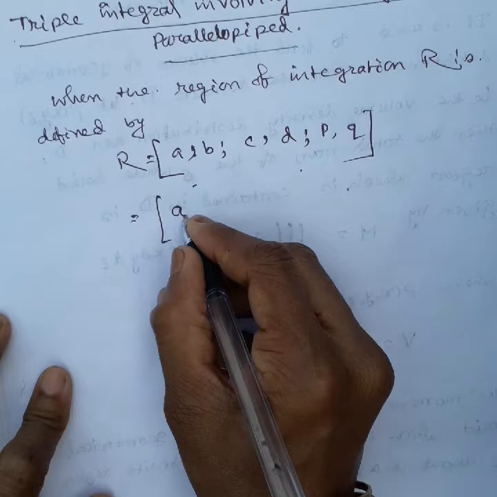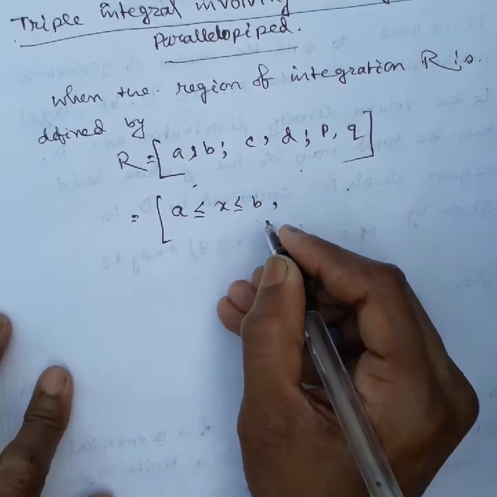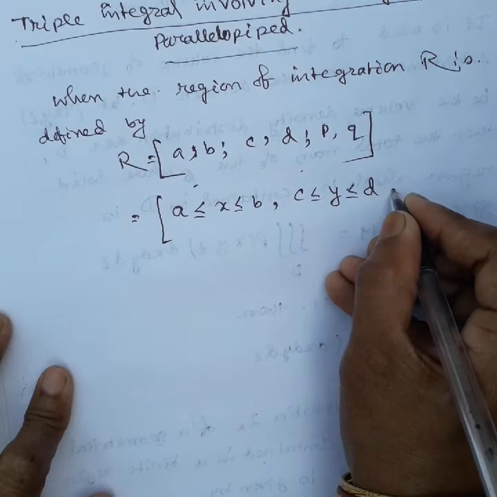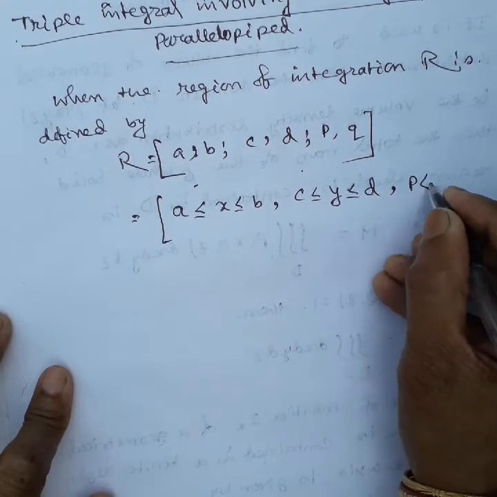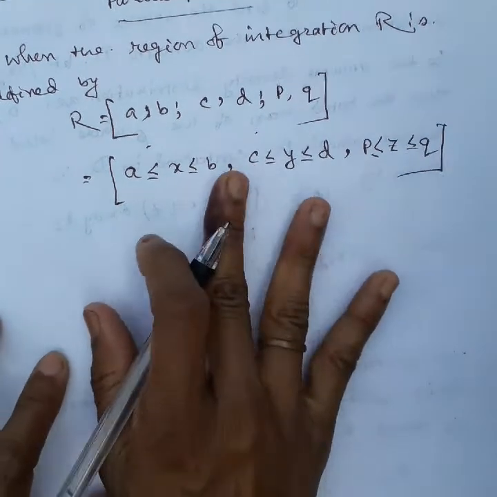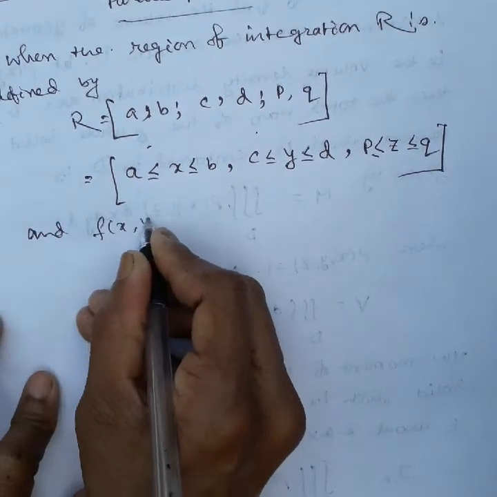A less than or equal to x less than or equal to B, C less than or equal to y less than or equal to D, and P less than or equal to z less than or equal to Q.